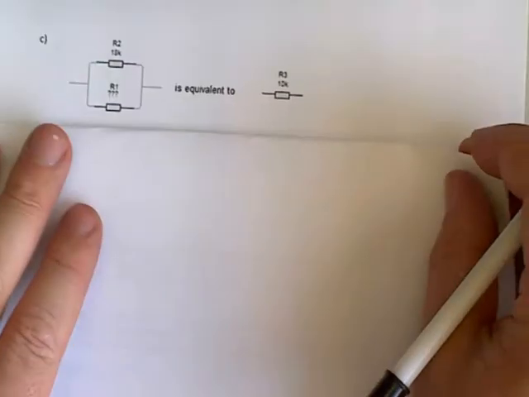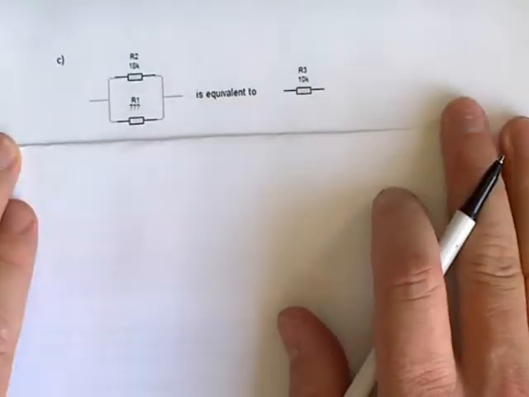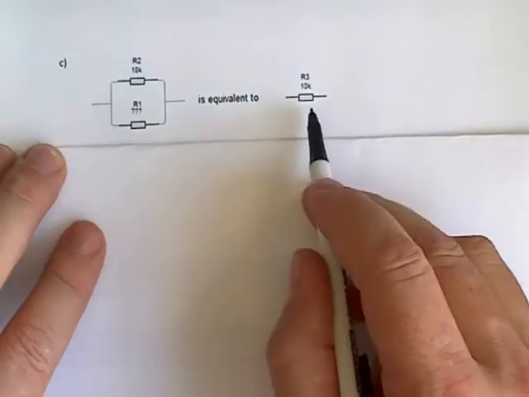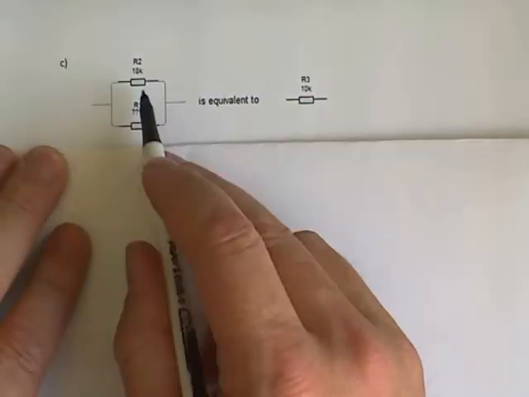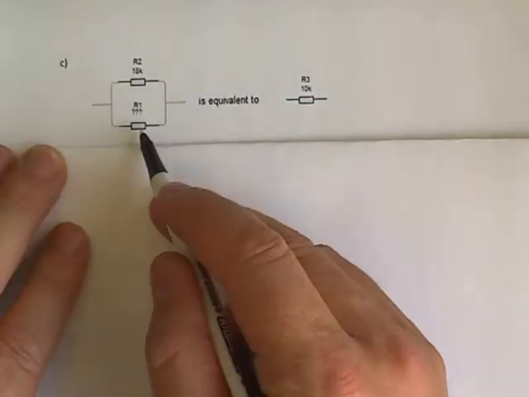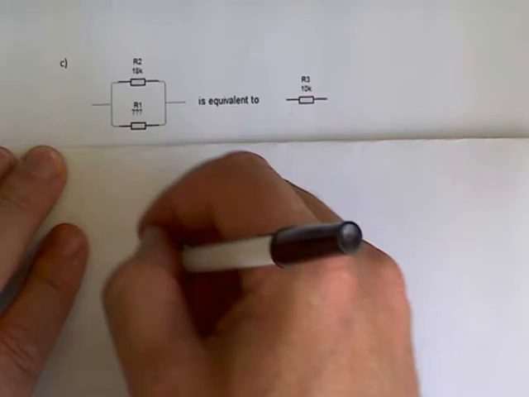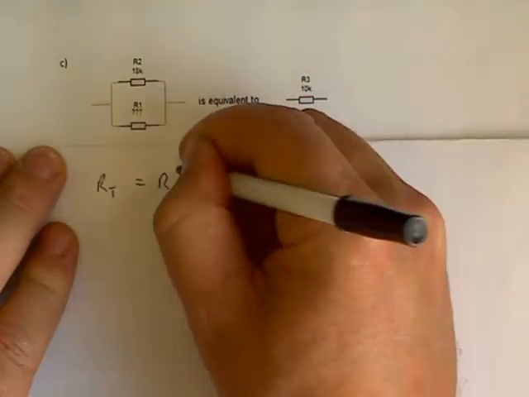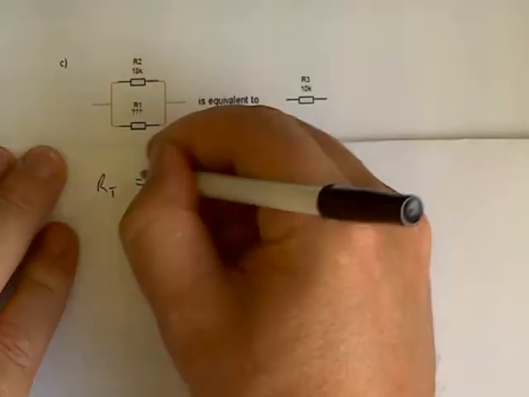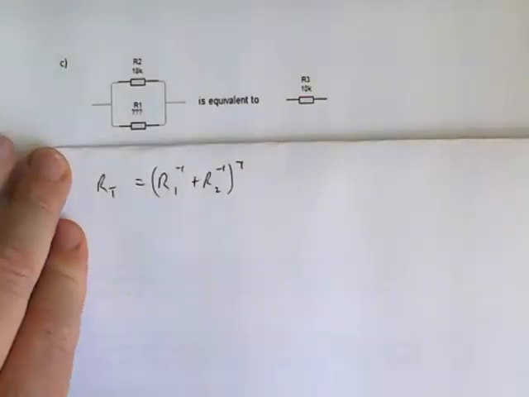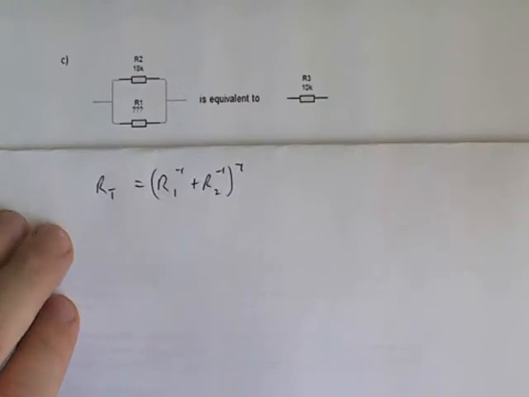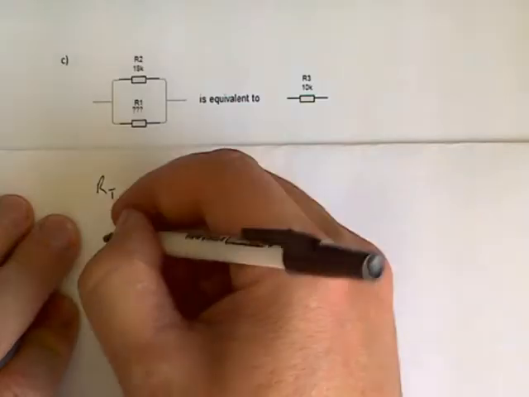Final example. Only this one is a little bit more difficult because we are trying to get an equivalent resistance with two resistors, one of which is unknown. So again, okay, this one's probably easy to go back to the original form, which is this one.